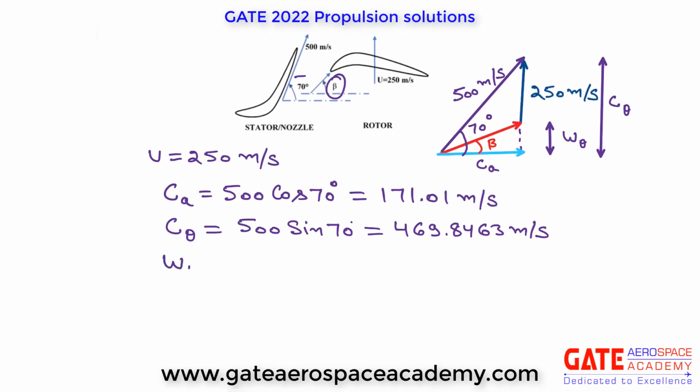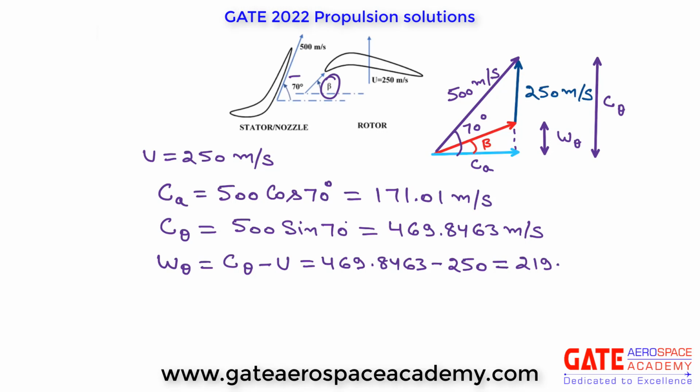Right? So W theta will be equal to C theta minus U, 469.8463 minus 250, that is equal to 219.8463, right, meter per second. So in this triangle we can write CA tan beta is equal to W theta, right?